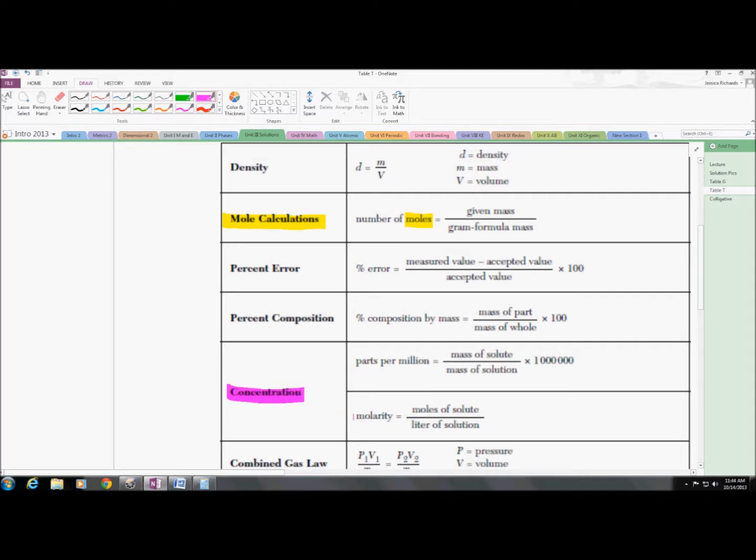So within the concentration we have molarity, and that's going to be moles of solute from our equation up there divided by liters of solution. Molarity is symbolized with a capital M: moles, shorthanded M-O-L, divided by liters.